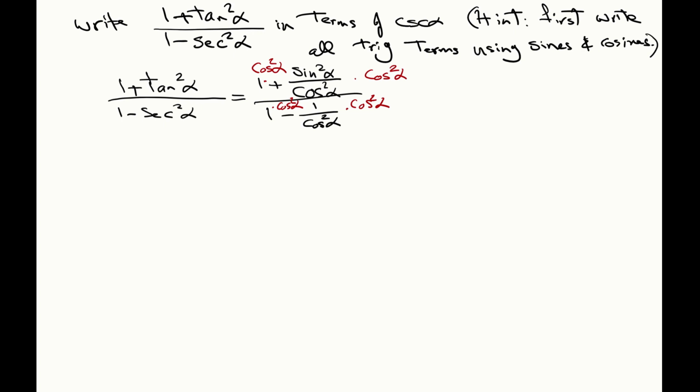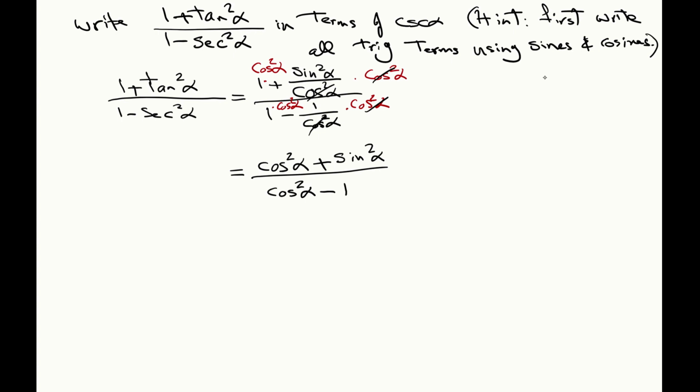And now when we go through and simplify that, we'll end up with cosine squared alpha plus, here the cosine squares will cancel out in this term, so we just get sine squared alpha over cosine squared alpha minus, again these two cosine squares will cancel out and we get 1.